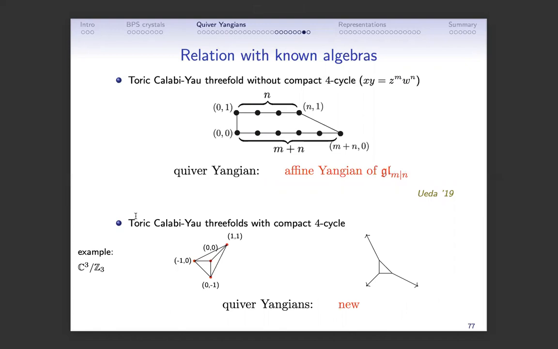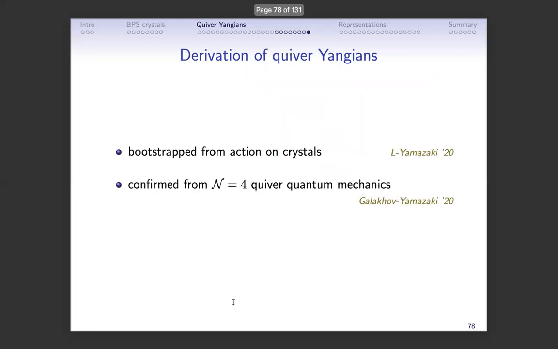But for the case with the compact fourth cycle, this seems to be a new family of algebras. I explained how to derive this quiver Yangian by looking at the actions on the crystal. This is the paper with Masahiro Yamazaki, and later this was also confirmed by the equivariant localization computation from the input of quiver quantum mechanics by Dima and Masahito.